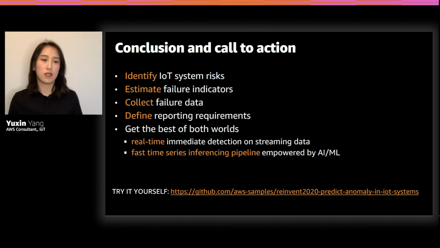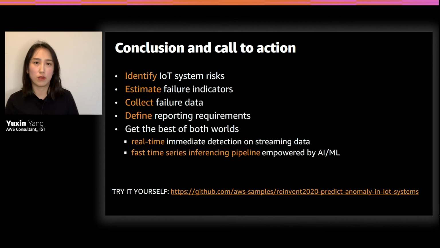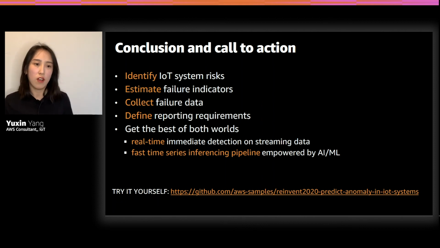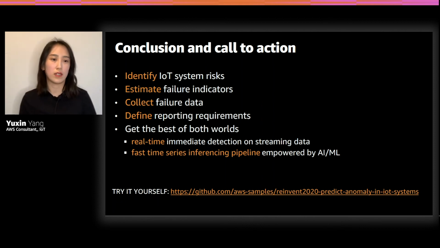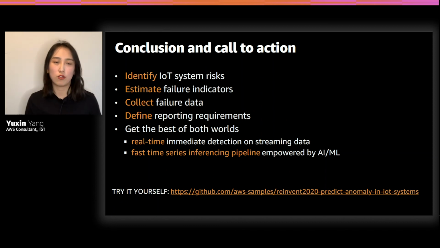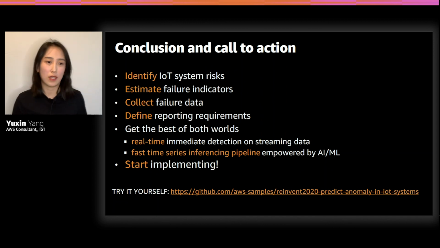And then get the best of both worlds by using simple algorithm to detect a simpler anomaly pattern that require immediate attention versus a fast time series inferencing pipeline powered by AI or ML to detect more complicated anomaly patterns. And now let's start implementing.